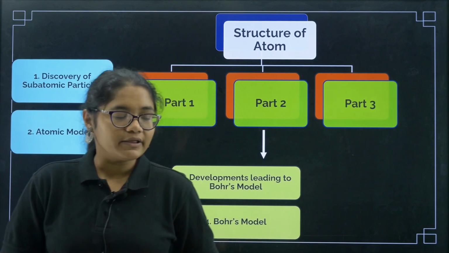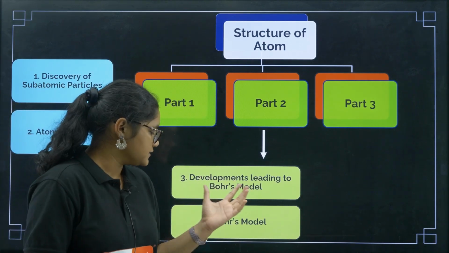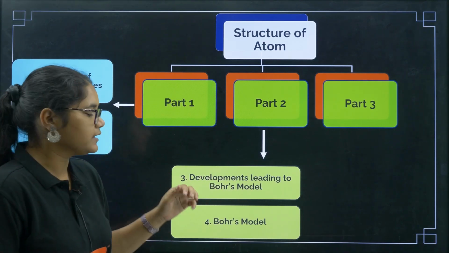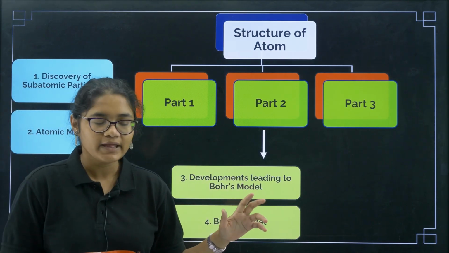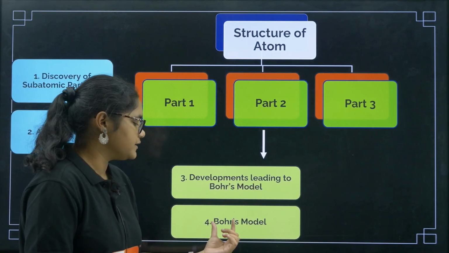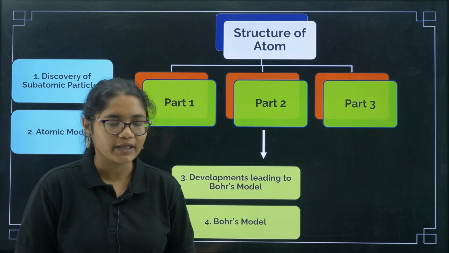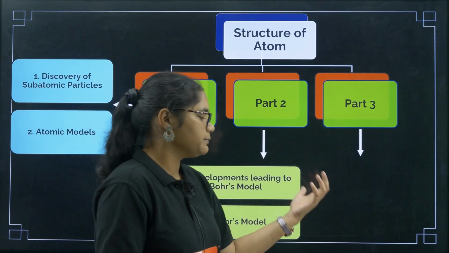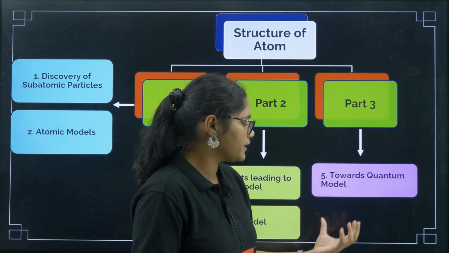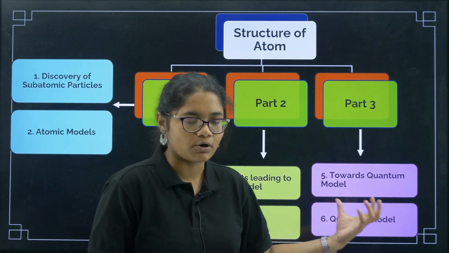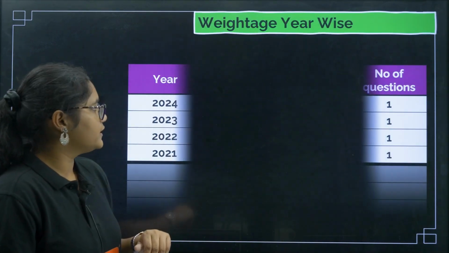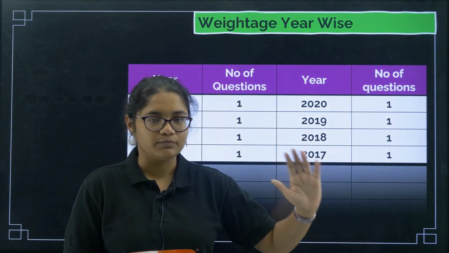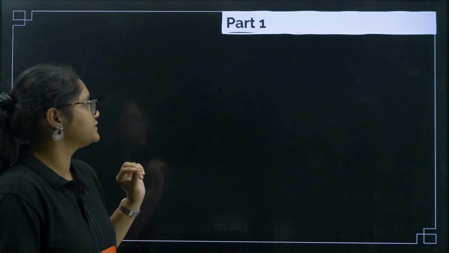Now in today's class we are going to discuss first a very important thing, that is developments leading to the Bohr's model, and the next one is the Bohr's model. In the next class we will be discussing the quantum model. Now coming to year wise weightage, you can see continuously one question from this chapter is a must. Sorry, this is part 2 here.